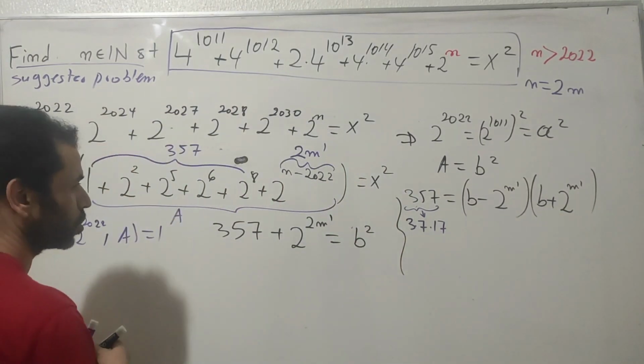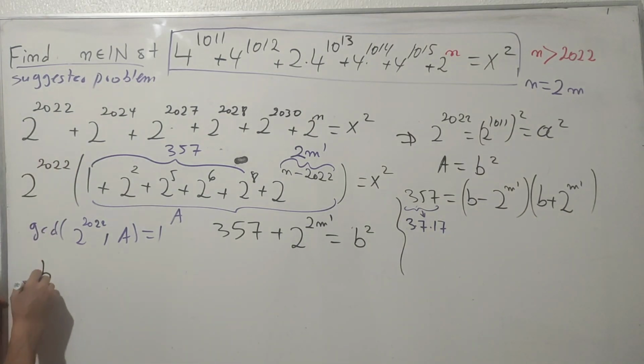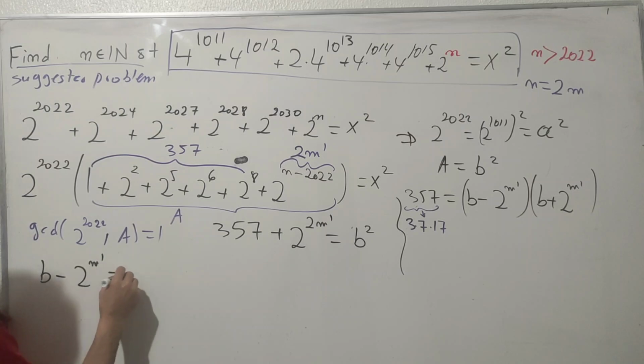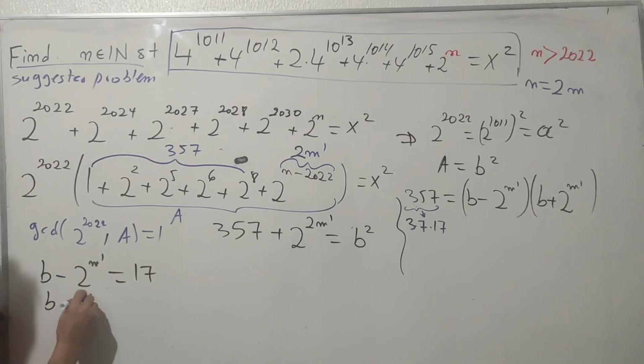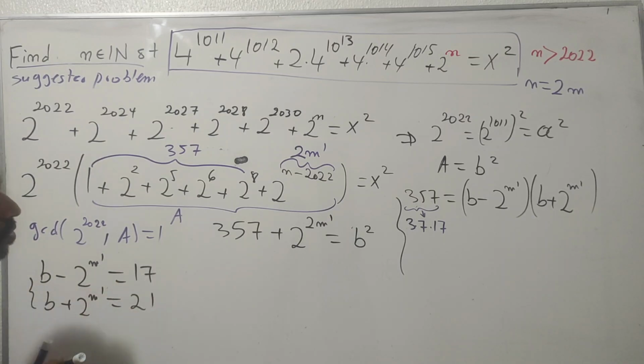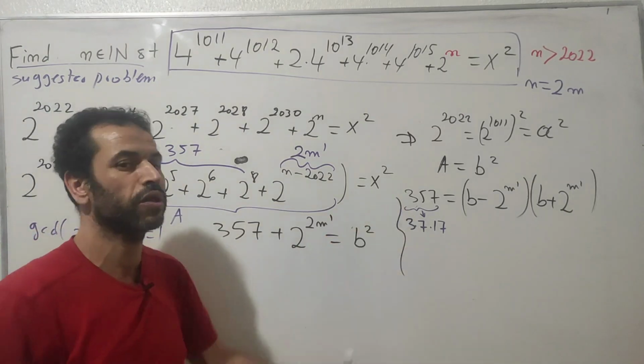Let's solve that system. We get b minus 2 to the m prime equals 17, and b plus 2 to the m prime equals 21, because 17 multiplied by 21 gives us 357.